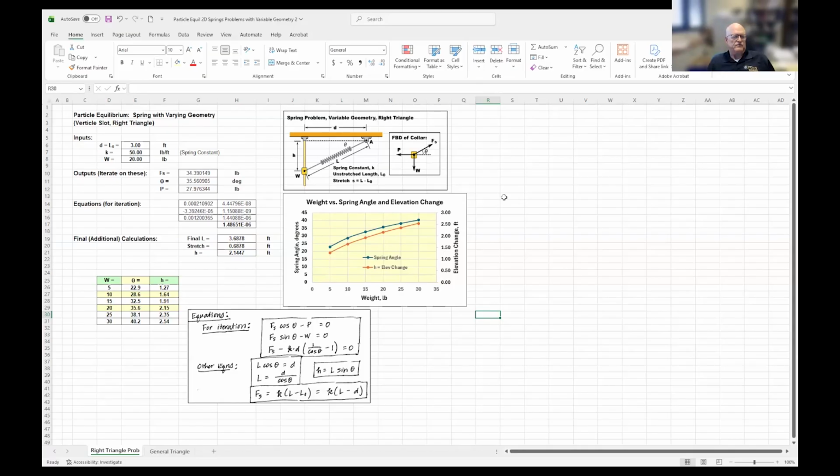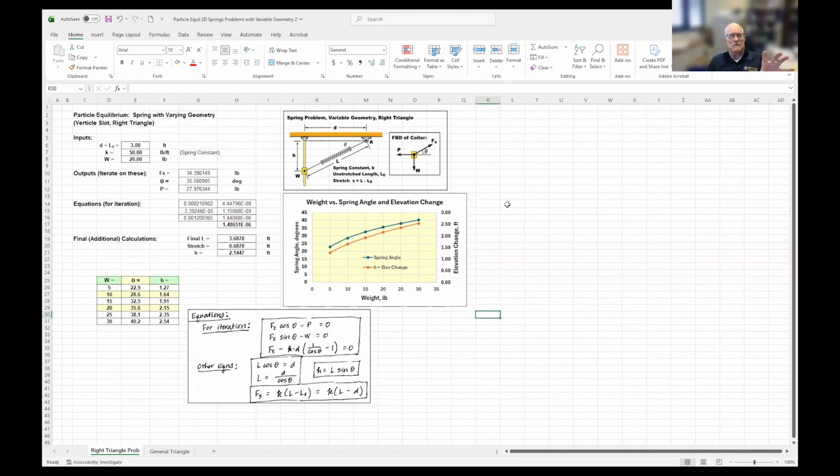So remember, there's two kinds of spring problems. There's a spring problem where the geometry is given, and you solve just like a regular particle equilibrium problem. And then once you find the forces, then you can calculate the spring constant, the spring stretch, the unstretched length, something like that.